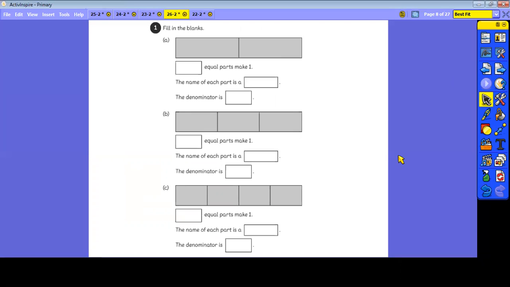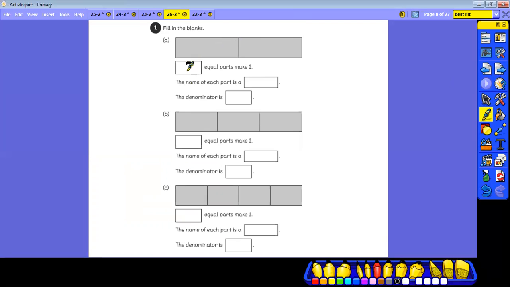But remember, the answers are always on tapestry anyway. It says something equal parts make 1. How many equal parts here make 1? Well, this rectangle is divided into 2 equal parts. The name of each part is a half. Okay, so we have fractions of a half.